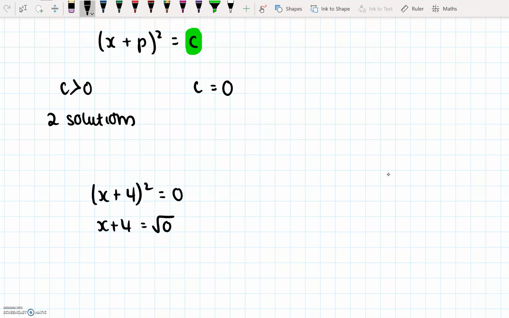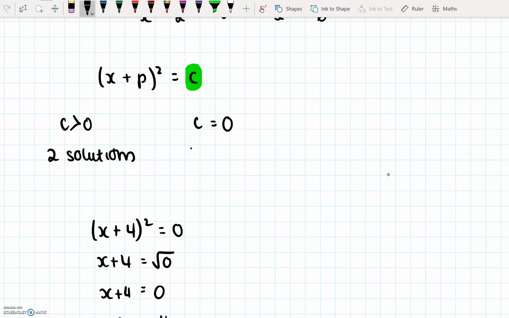But what's the square root of 0? It's just 0. So we just get x plus 4 equals 0, and x equals minus 4. So if c is equal to 0, we get just 1 solution.